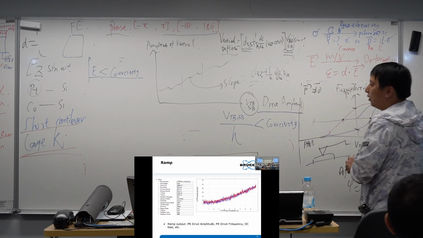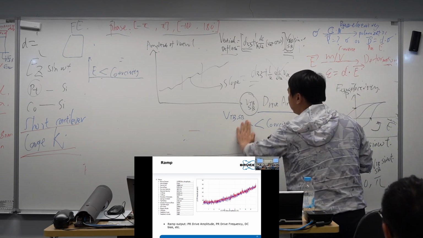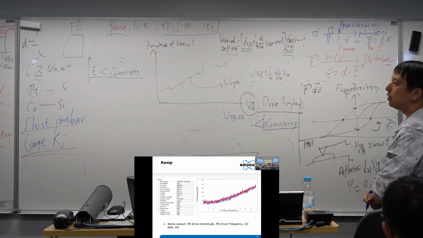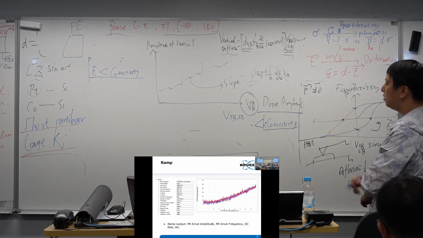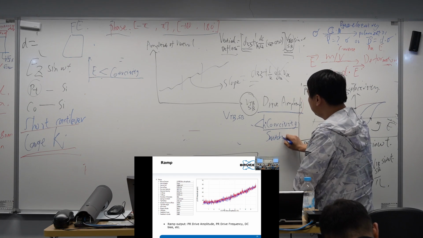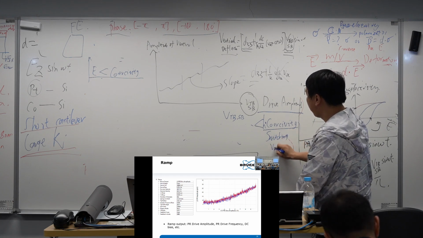If you bring these terms here, this one will be a voltage, and usually this voltage we call the switching voltage.